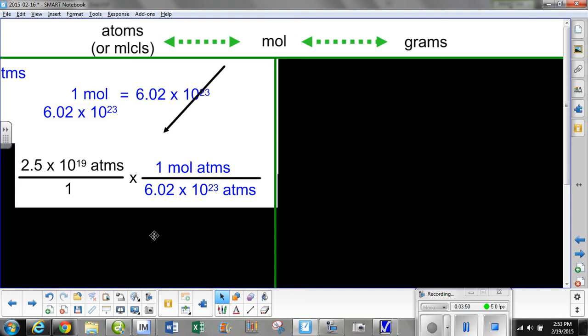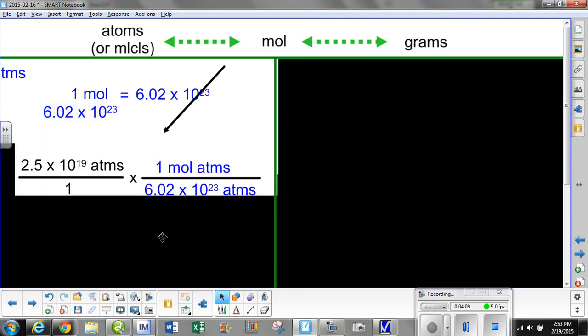So this is the same no matter what the atom is. There's no difference in the calculation. It could be zinc, it could be gold, it could be manganese, it could be vanadium, it could be chlorine, it could be lithium, anything. Okay?